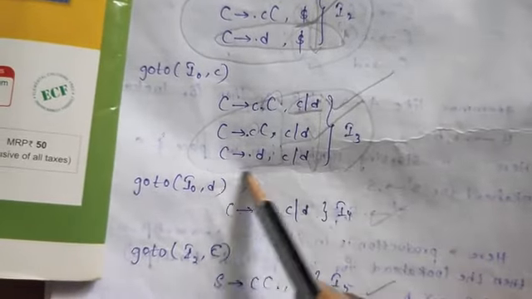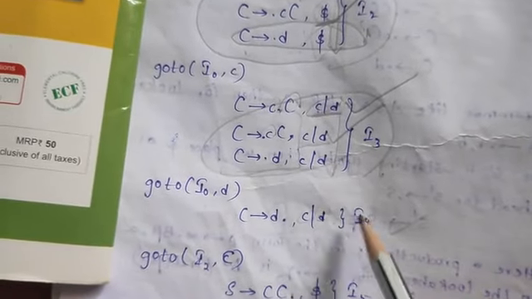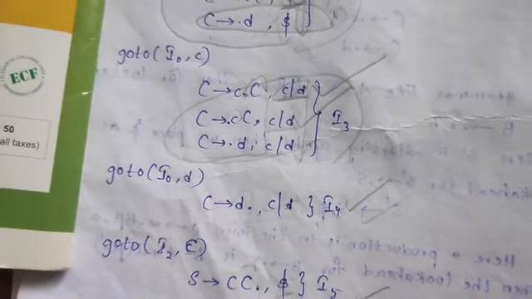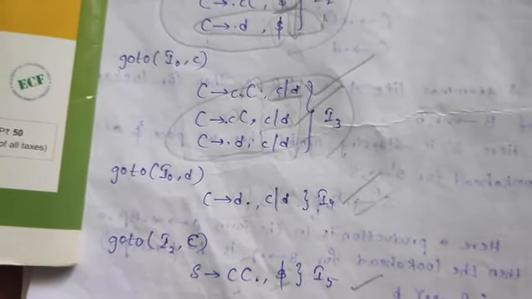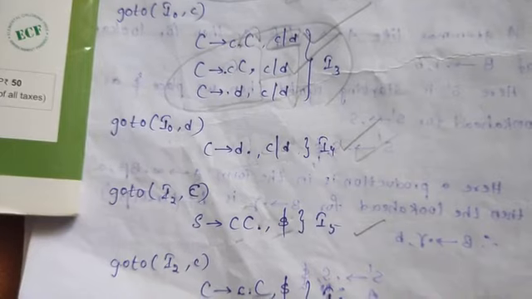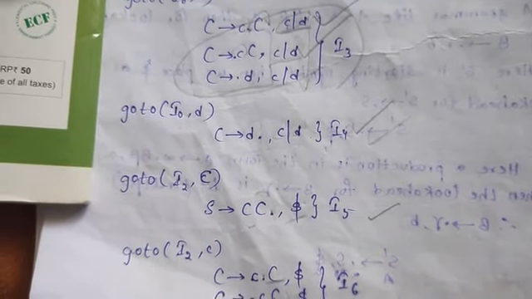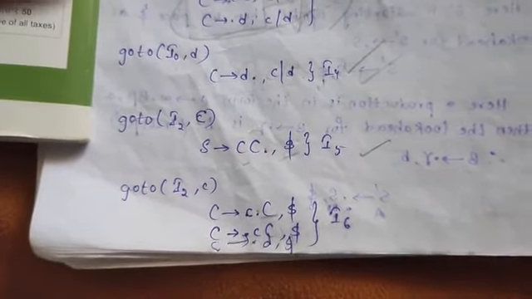Okay, again this entire I3 is completed. In I4 there is no possibility of moving the dot. Why? Because it has already moved to the end of the productions. Again in I5 also the dot is at the end. Again it will go to I6.